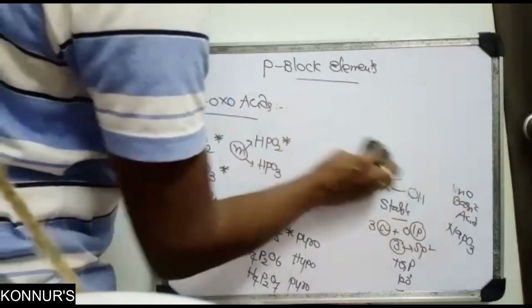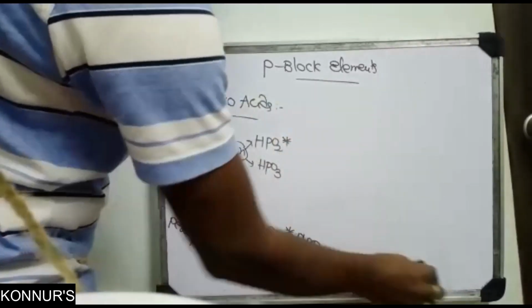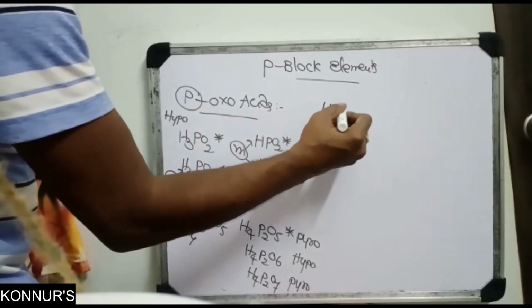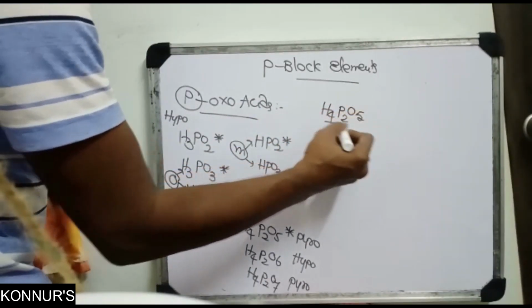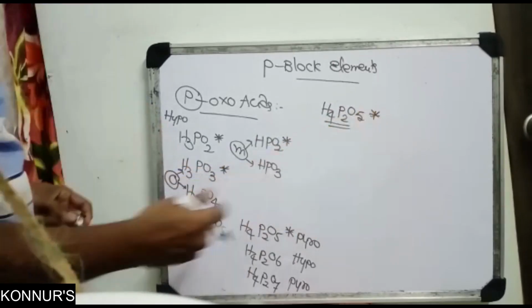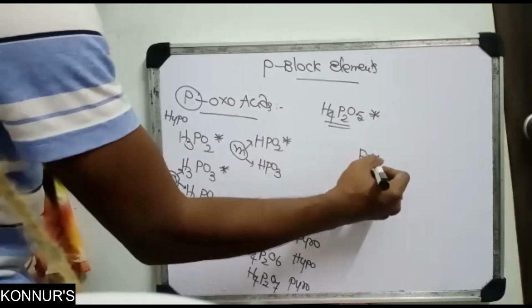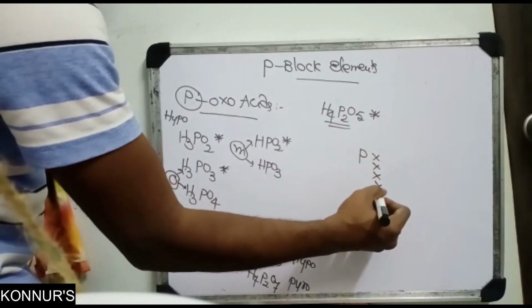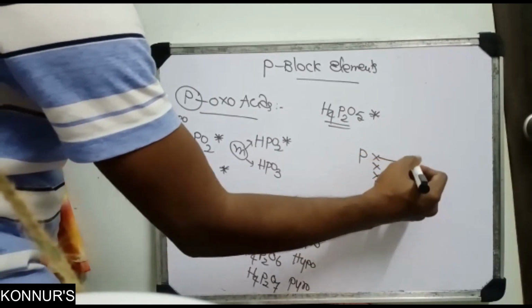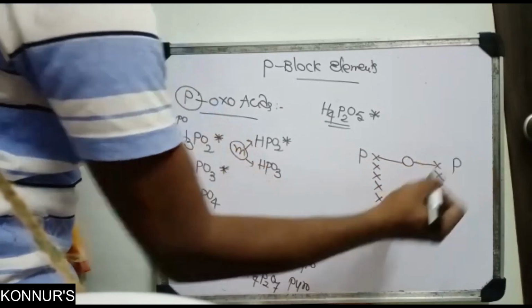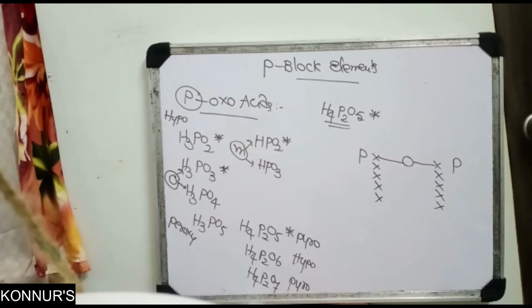So these are 2 phosphorus you take separately. H4P2O5. So it is a pyrophosphorous acid. Pyro means, you remember, between two phosphorus, one oxygen will be present. So pyro means you must remember the point: between two phosphorus, one oxygen.